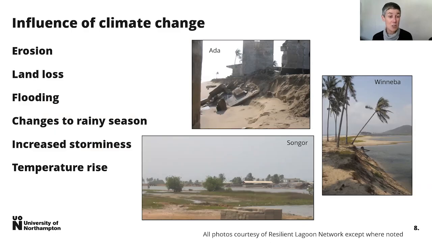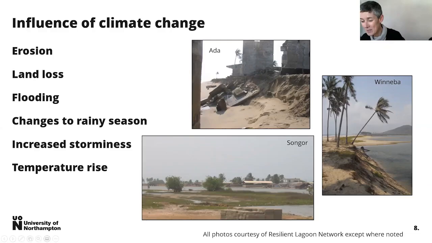Flooding is also redistributing pollutants, sediments and polluted sediments. Changes to the rainy seasons are influencing habitats and also influencing fishing and agricultural practices, and in some ways are driving some of those unsustainable practices. So this compounds those challenges that I've mentioned.